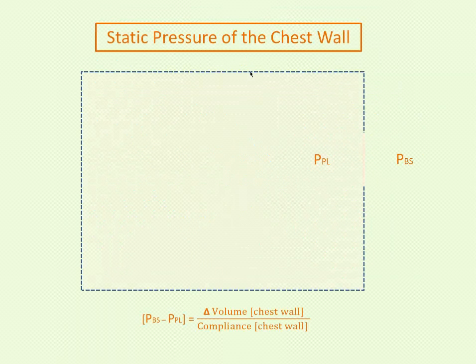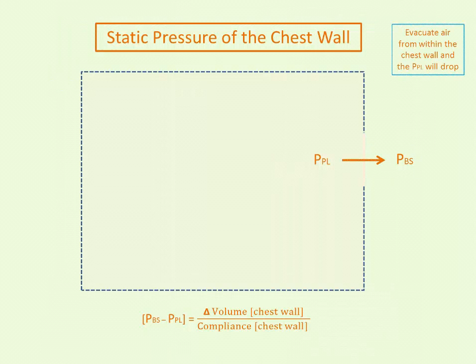So this is kind of my hokey diagram that we already saw. This is your chest wall, the bony chest wall, and like what we did with the lungs, changing the pleural pressure surrounding the lungs and looking at the change in volume of the lungs, we will do the same for the chest wall here. So this is your pleural pressure, this is an opening, and this is your body surface pressure.